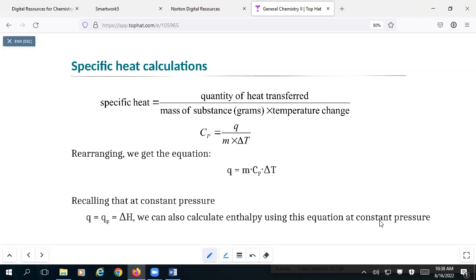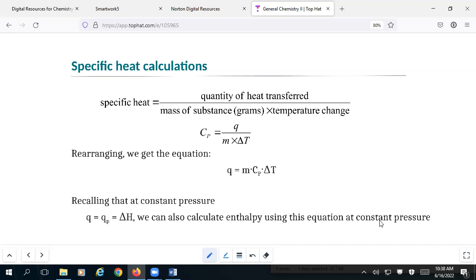If we rearrange this equation, what we get is that the heat that is transferred is equal to the mass multiplied by the specific heat multiplied by the change in temperature.